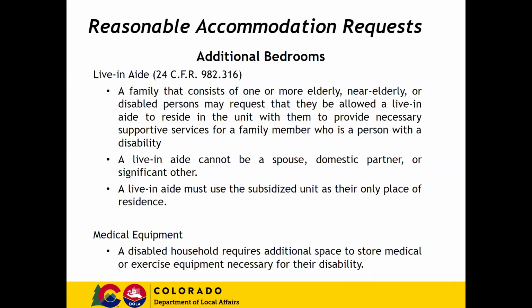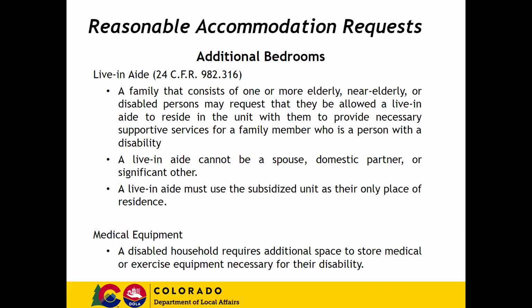I've also provided at the end of the slides a link to the specific federal regulation that discusses live-in aides. A family that consists of one or more elderly, near-elderly, or disabled persons may request that they be allowed a live-in aide to reside in the unit with them to provide necessary supportive services for a family member who is a person with a disability.